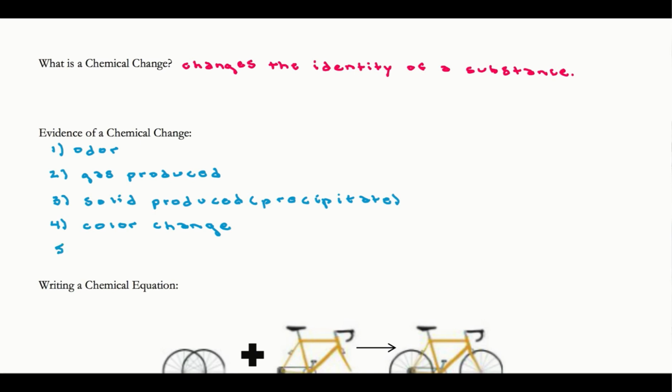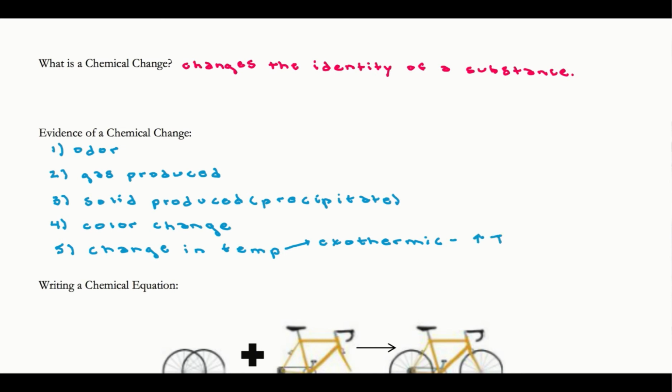The last one is a change in temperature. Okay? And if the temperature of your solution in your reaction increases, that's because you have an exothermic reaction, meaning heat is leaving the reaction. And so what we actually experience as experimenters is an increase in temperature.